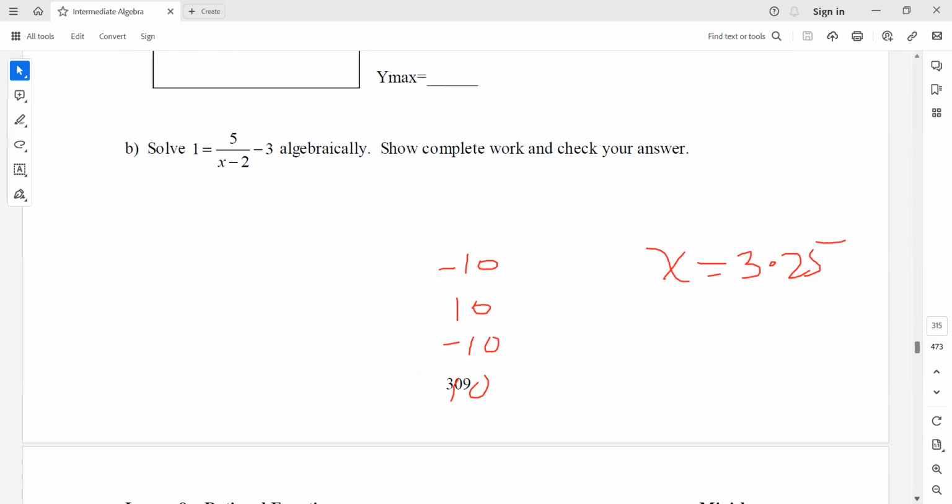To solve this algebraically, what are we going to have? I have to take off the minus 3, so I could do a plus 3 here and then a plus 3 here.